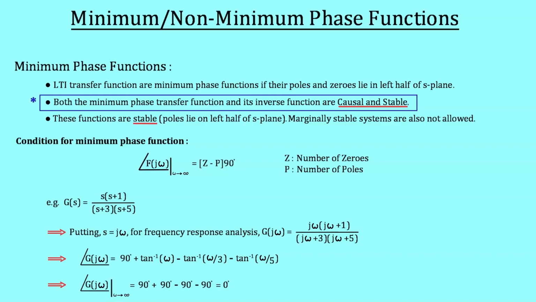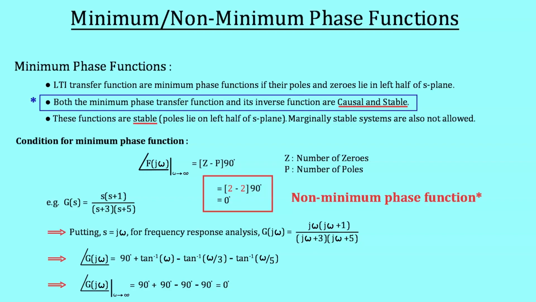Now if we try to find the limiting value when the angular frequency tends to infinity, you will get phase equal to 0. Again, if we verify it through the formula, then also we will get 0 degrees. But even though this condition is verified, the system is still a non-minimum phase function, because as you can see, there is one zero which is present on the imaginary axis.